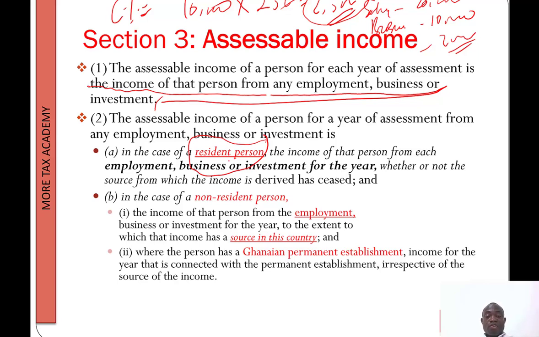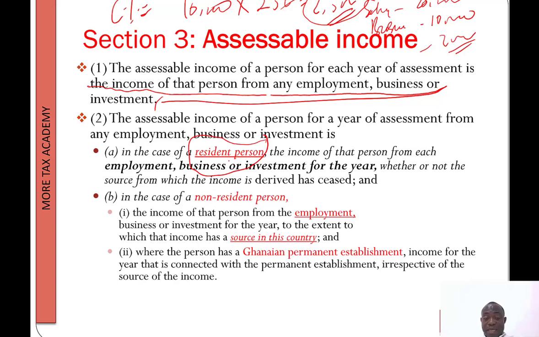You can't exercise your right over somebody's income when you don't have power to do that. You lack jurisdiction. So if you want to do the assessment, in the case of a resident person, look at the income of that person from each employment, business, or investment for the year, even whether or not the source from which the income is derived has ceased.